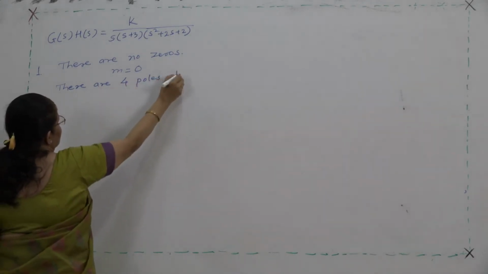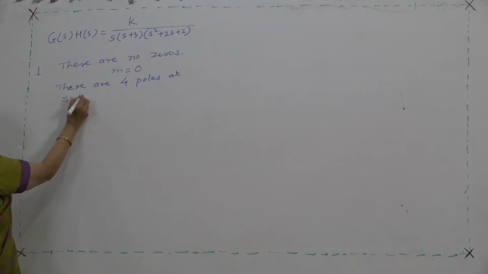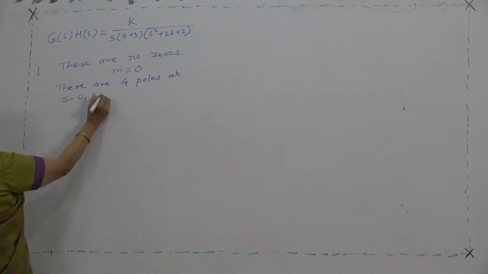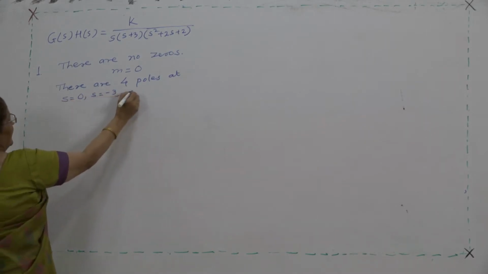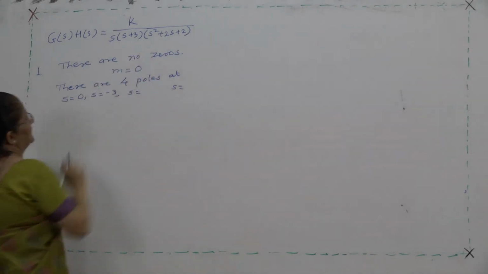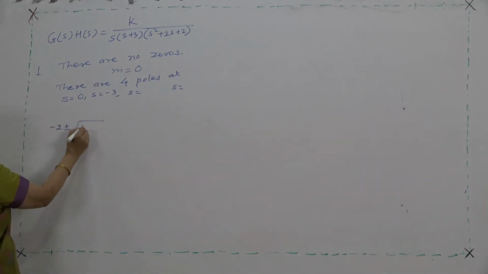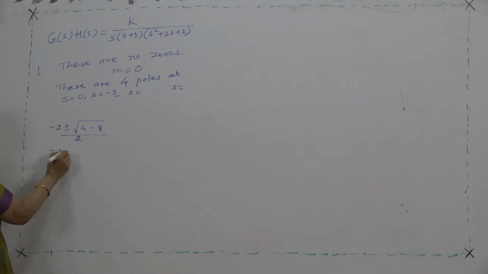See where the poles will be. One is at s is equal to 0, second is s is equal to minus 3, and third and fourth you solve this equation and then you will get it. So, minus b plus minus under root b square minus 4ac upon 2. So, minus 2 plus minus square root of 4 minus 8.